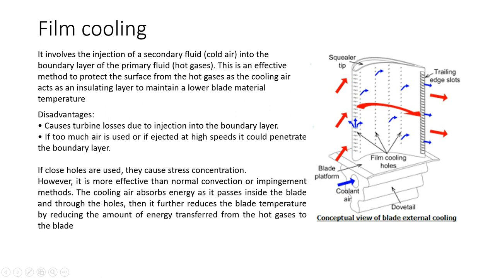Okay, so the coolant air will pass through the blade in a thin layer. Film is nothing but a thin layer, correct? So a thin layer of cold air will actually be attached to the body of the blade. If you see these blue lines, they are the cold air and this is the hot intake.